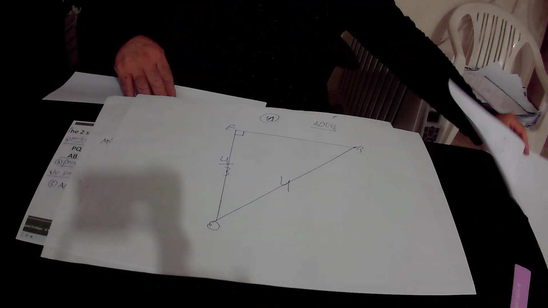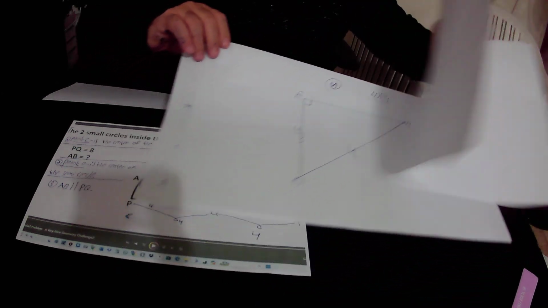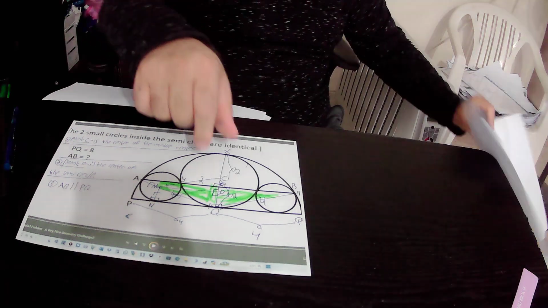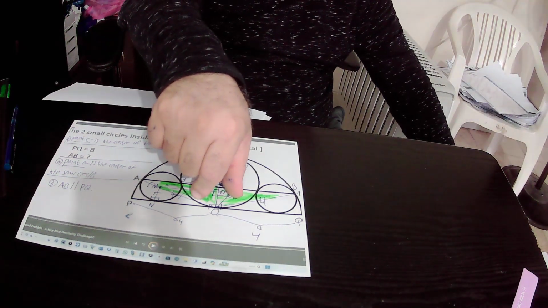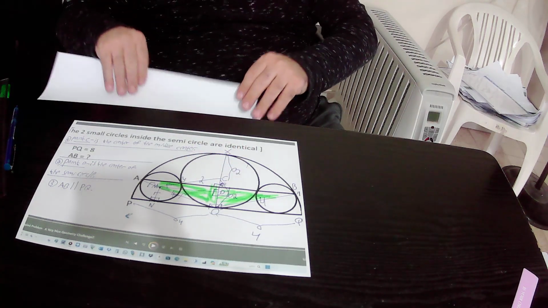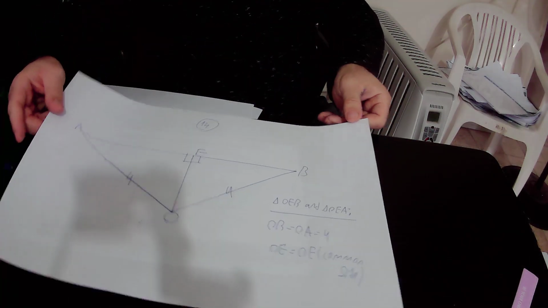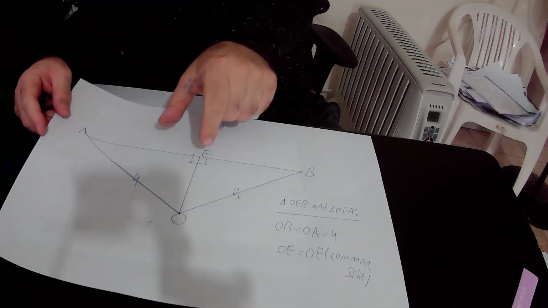Then we proved that those two green right triangles can go into each other. I copied again those two right triangles.